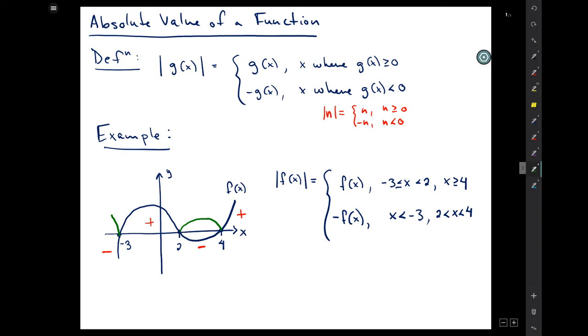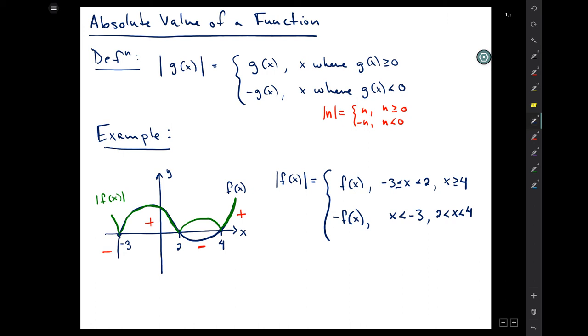And so this green, and then these two parts of the function stay the same. So the green line here is the graph of the absolute value of f of x. So that is a visual description of what this definition means.